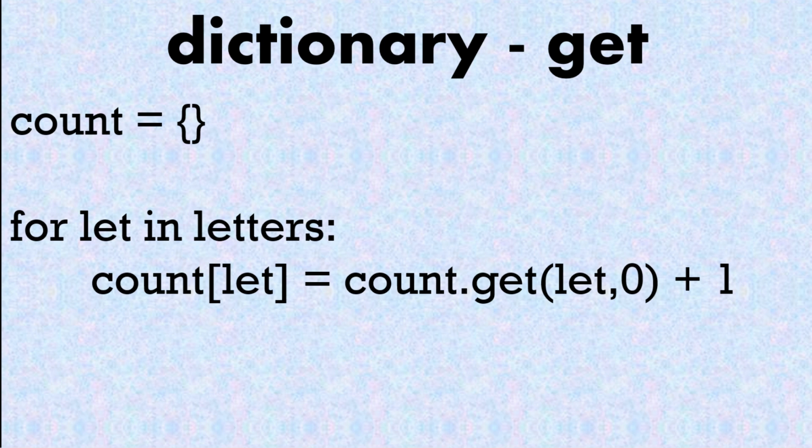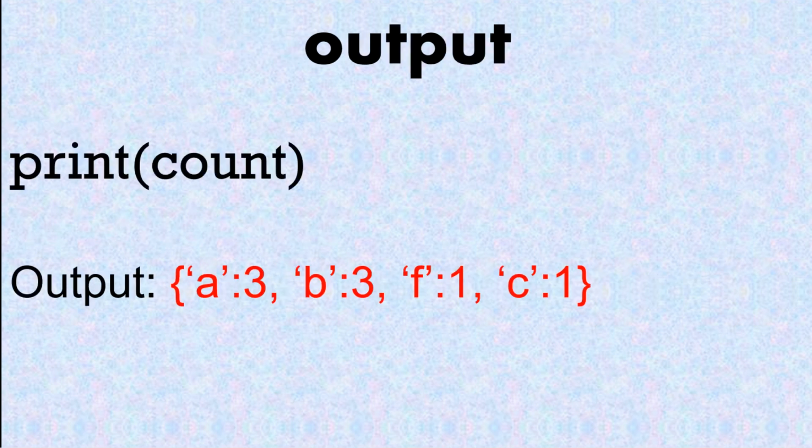So here we have the dictionary, we have the for loop to go through the list of letters, and the dictionary will count how many times those letters occur. So when we print that, we have A occurred 3 times, B 3 times, letter F once, and letter C once. So that's the count dictionary.